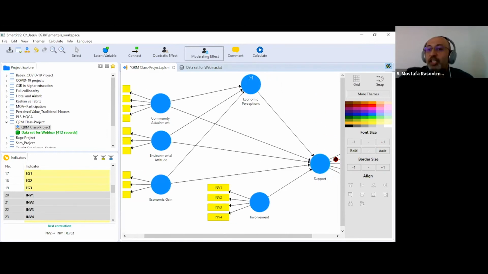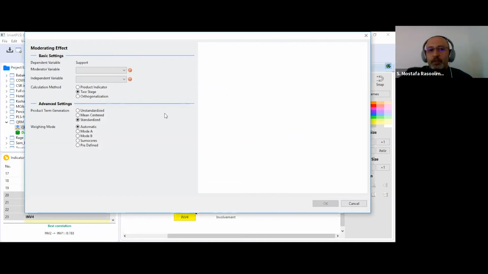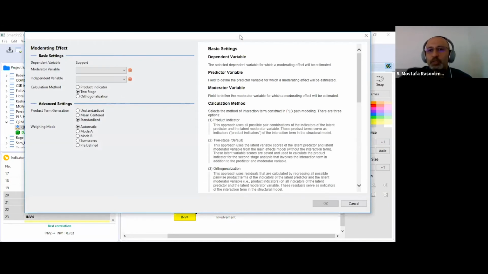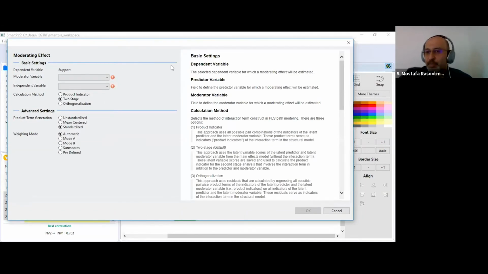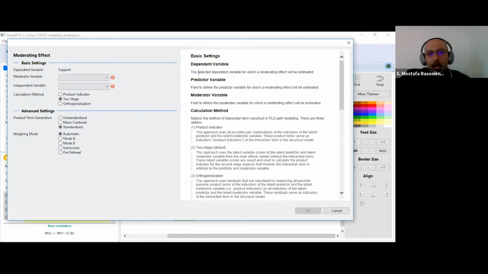You have to click on DV. You can see DV is green. When you click on DV, you will come to this page, a new tab. Okay, so here you have some options to create moderating effect.